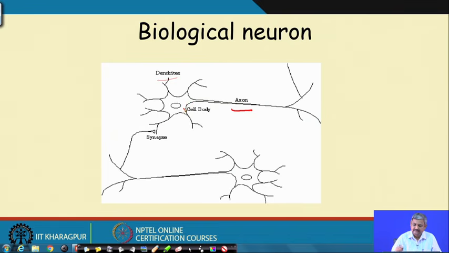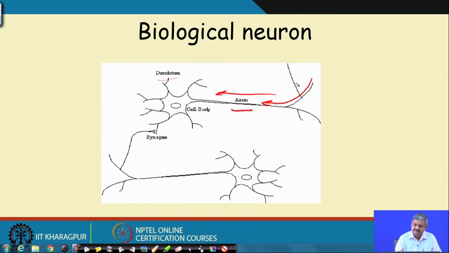What happens is that a input signal, a stimulus, comes, say from the eye, some visual stimulus, and it travels through these axons, where it gets inhibited or enhanced by some factor.